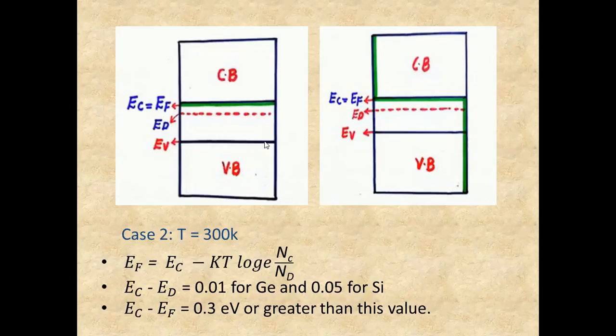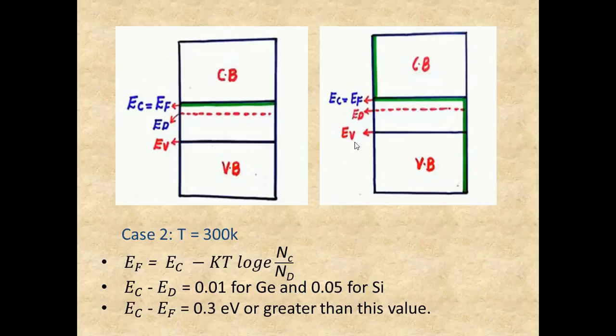So at 0 Kelvin, electron and hole concentration are 0. So of course the conductivity is also 0. When both are 0, conductivity is 0, and hence semiconductor at 0 Kelvin acts as an insulator. Okay, and again if I'm talking about case number 2, 300 Kelvin, EF is equal to EC minus KT.